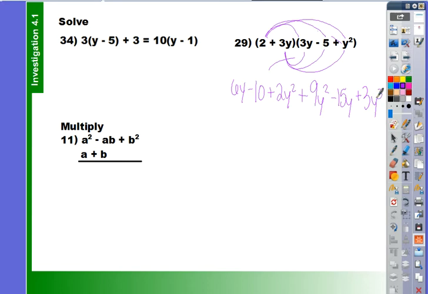And then you can combine any numbers that are the same.